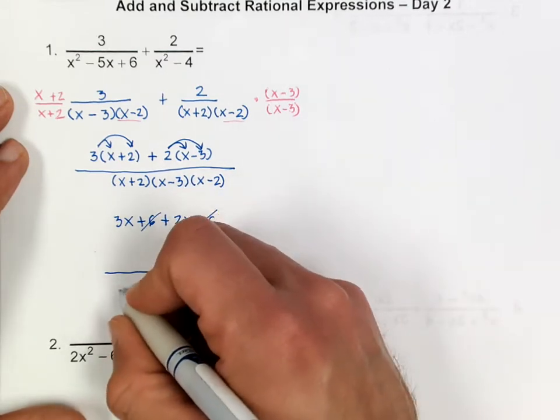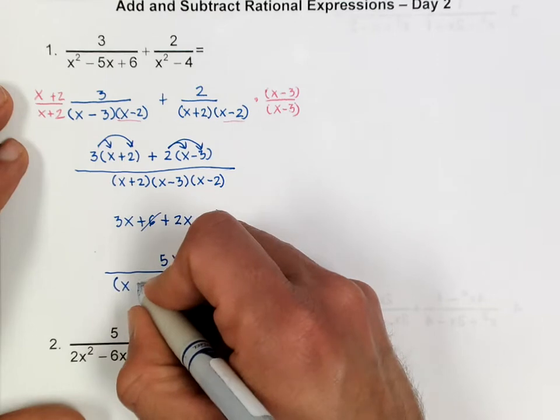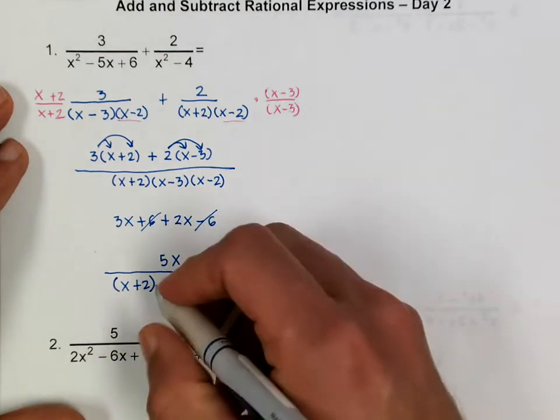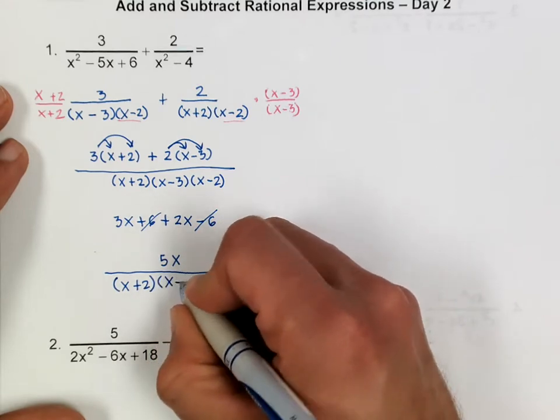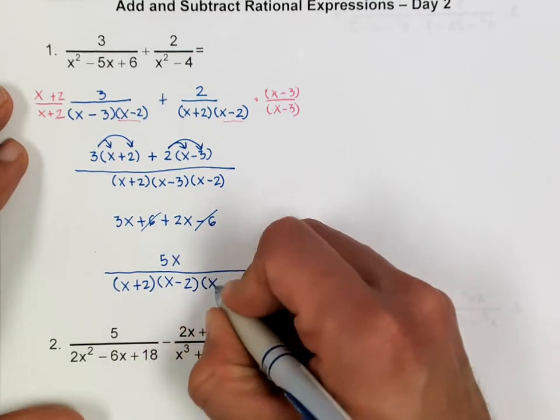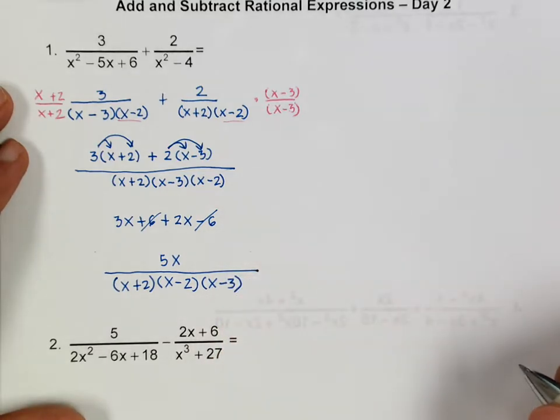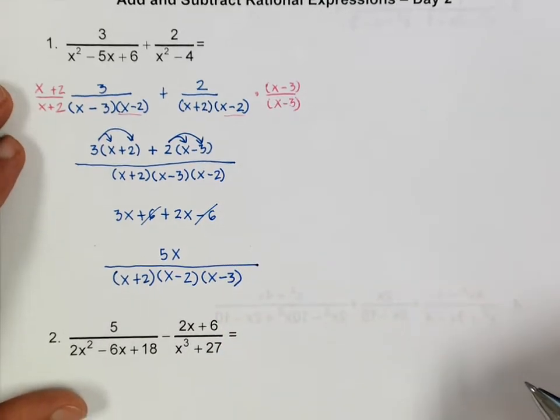I'm going to end up with a 5x up there, over x plus 2, x minus 2, and x minus 3. Okay, so that's my answer.